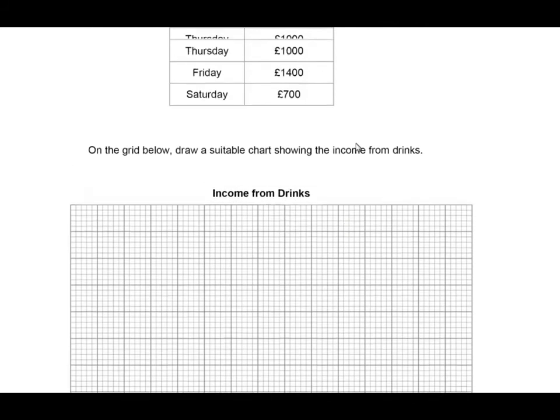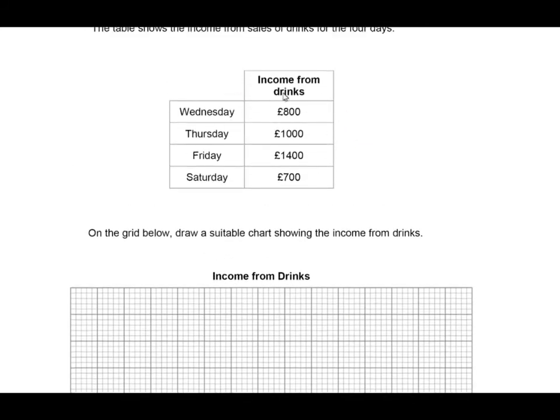So what we need to do now is work out the best way to display our information that we have here. So I would go for a bar chart myself with a frequency count on the left-hand side, and that would be money going up to £1,400.